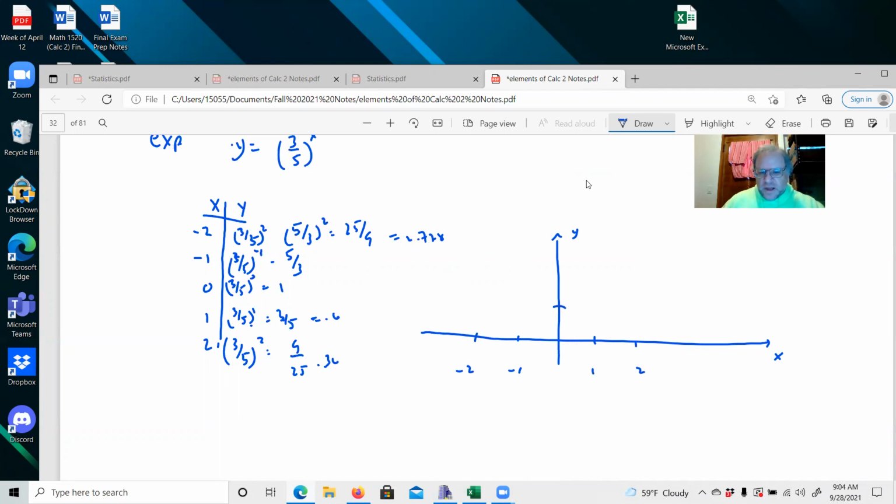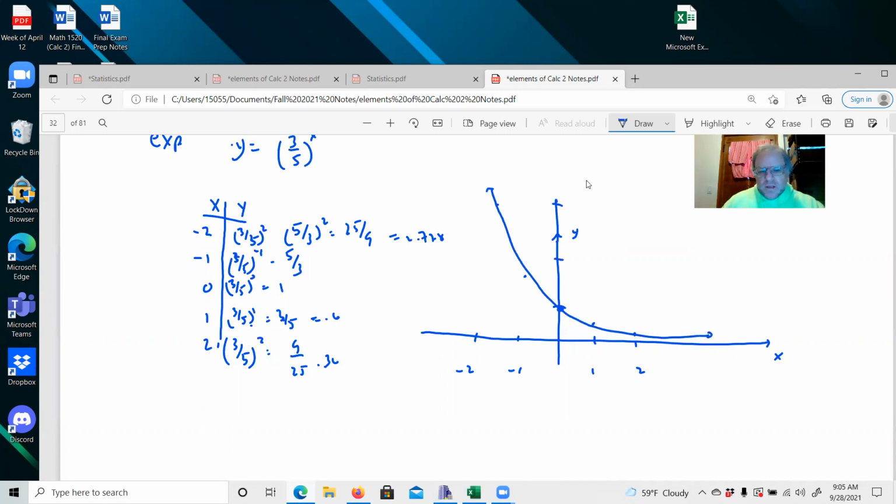When x is 0, y is 1. When x is 1, we're at about 0.6-ish. When x is 2, we're about 0.36. When x is -1, 5/3 is close to 6/3, so we're up here. And at -2, we're up here at almost 3. Connect the dots, pretend these all connect, and then you're set.